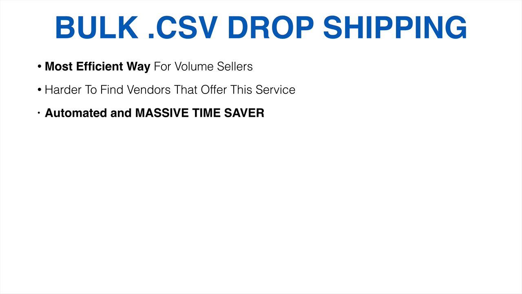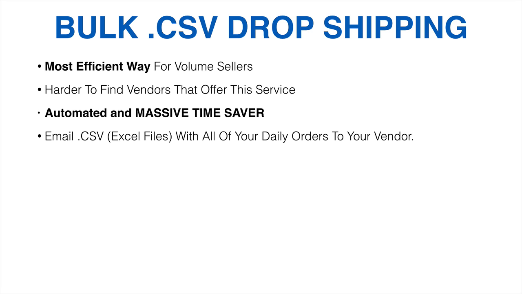So this is an automated process, and it's a massive time saver. All of this is completely automated for me. Every day I have my e-commerce store export a CSV file of all of my orders and email it to me. So basically every night at I think 12:04 a.m., I automatically get an email with all of the orders for that day.